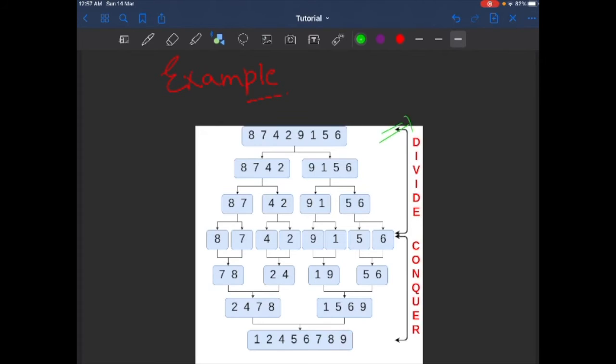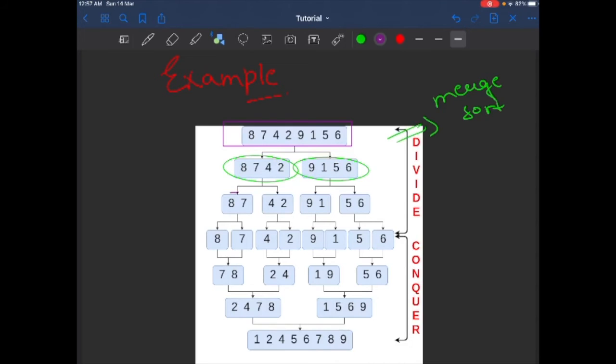This is the problem of merge sort. Considering this an unsorted array, we start by splitting it into two. What we get from here is 8742 and 9156. Here we see that these can again be divided.